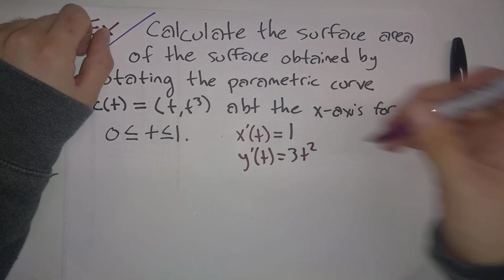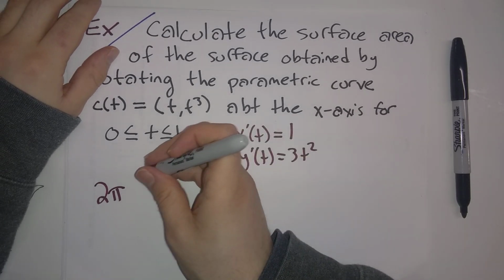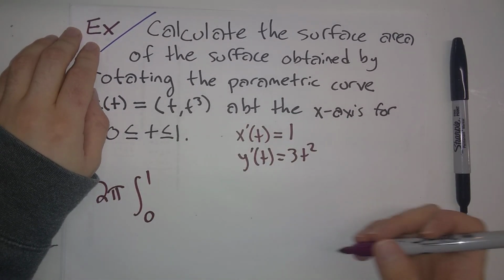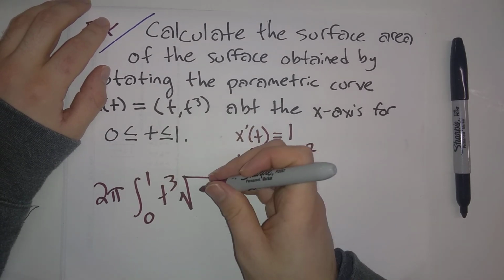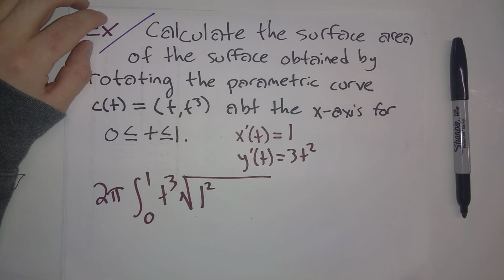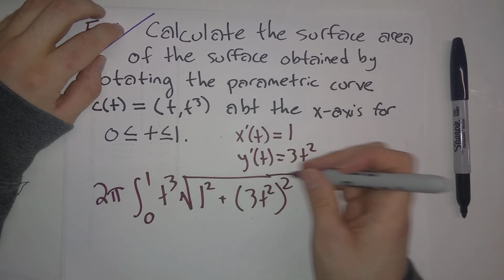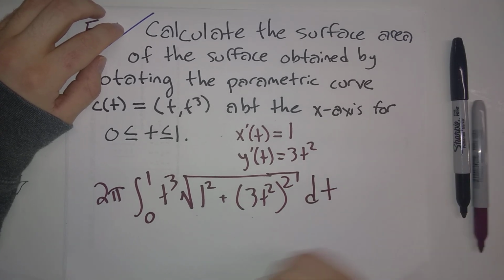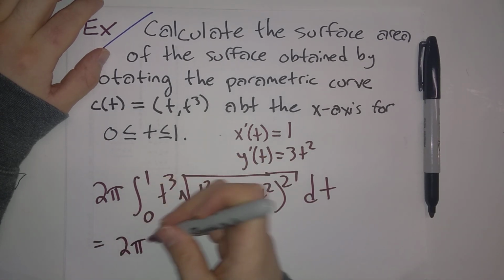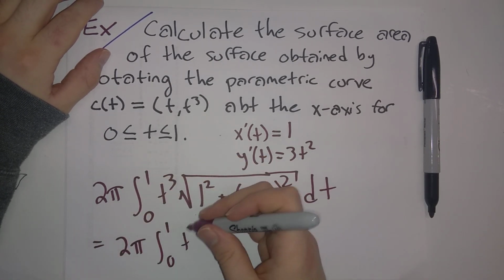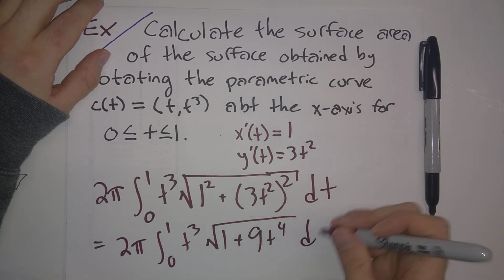And so we can now simply write down our integral: 2 pi times the integral from 0 to 1 of y of t, which is t cubed, times the square root of x prime of t squared plus y prime of t squared. Okay, so this is our integral that we care about. Let us expand this out: the square root of 1 plus 9t to the 4th dt.